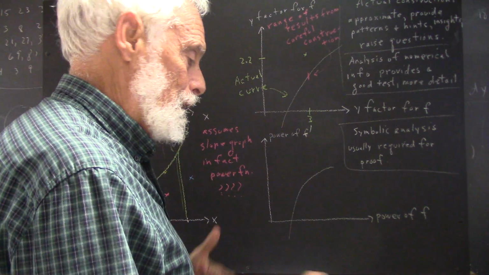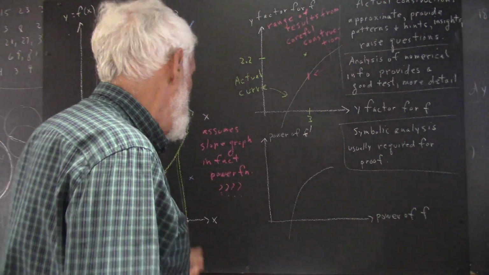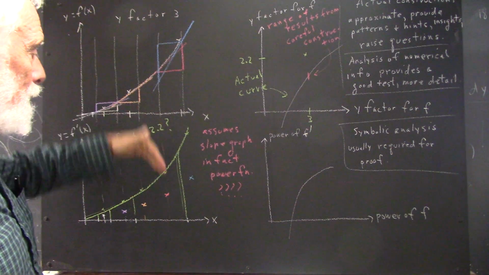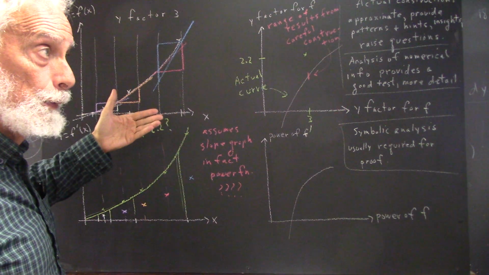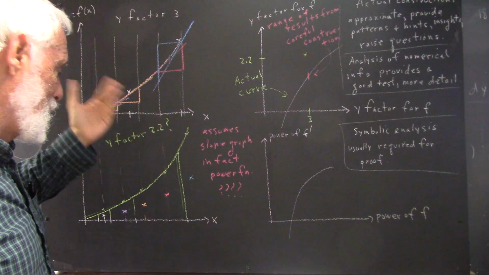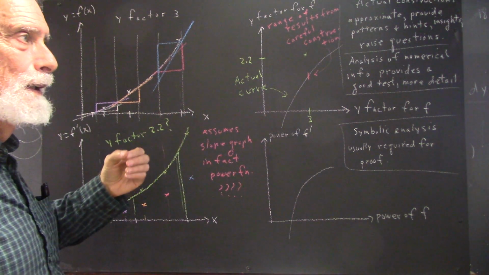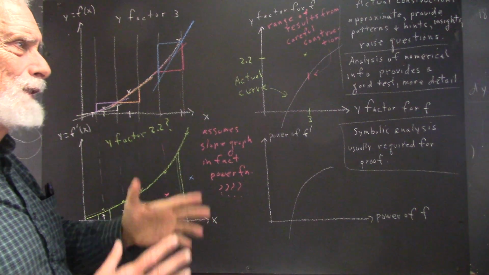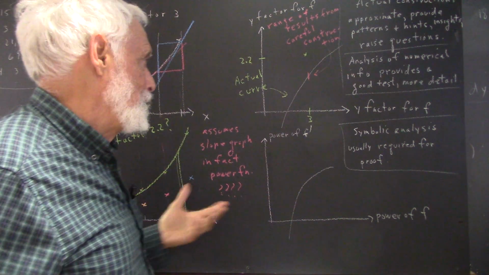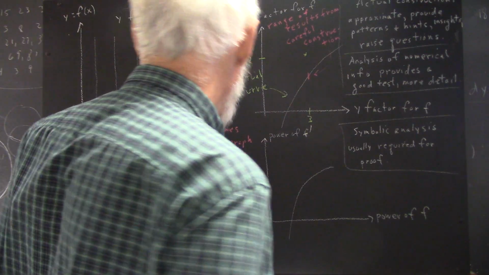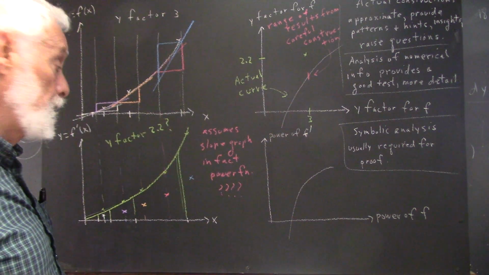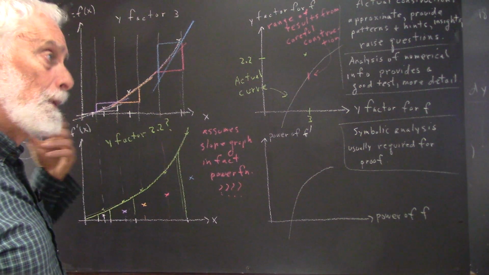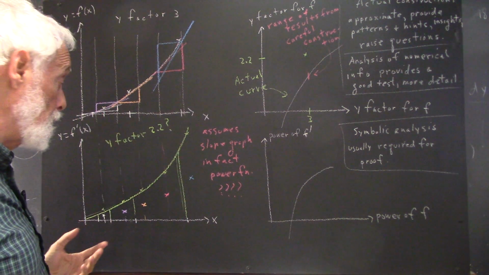We can't construct any of these graphs down to the nearest atom, and even if we did, it still wouldn't be 100% accurate because atoms have size. There's no way to get an actual perfect curve and construct actual perfect tangent lines and so forth. We can be really careful and we can get pretty close.